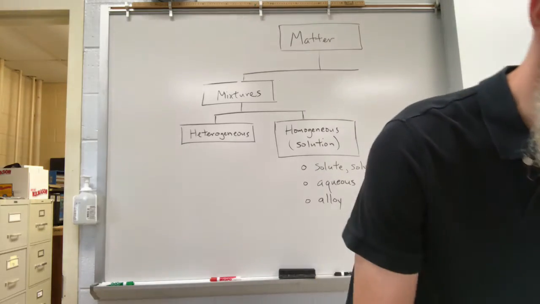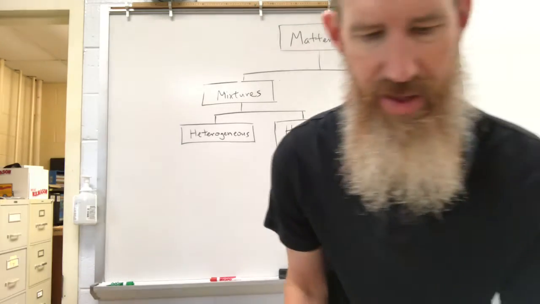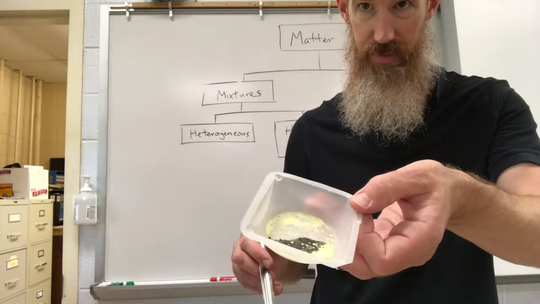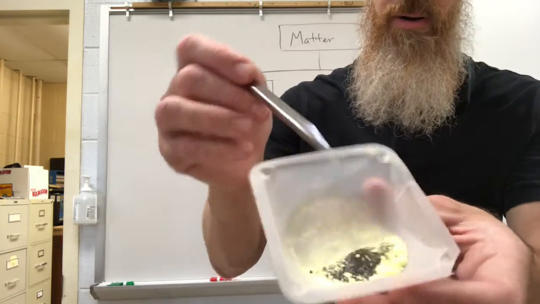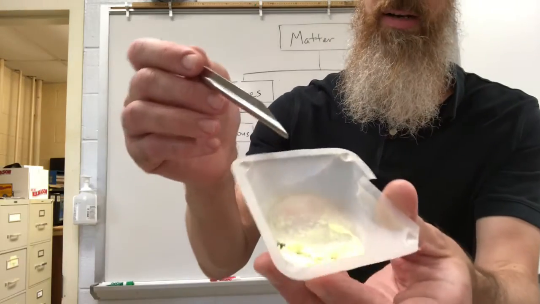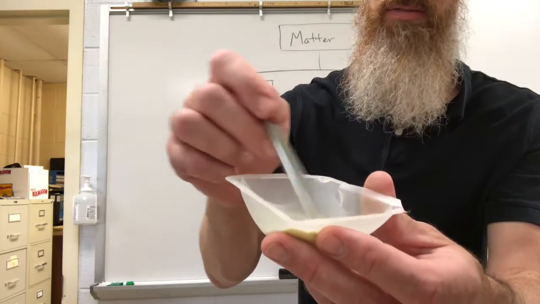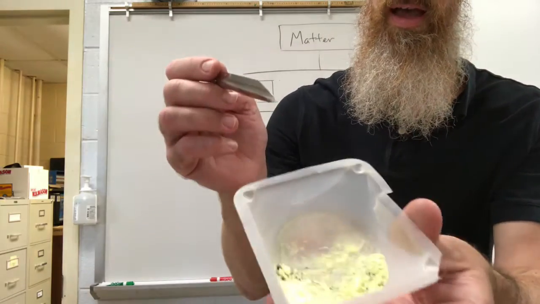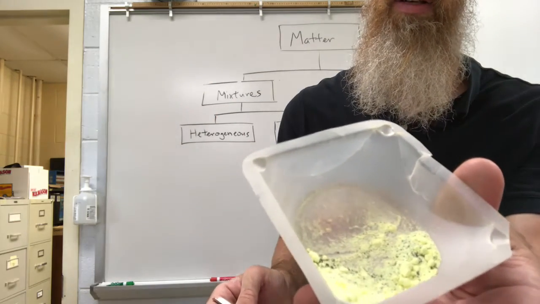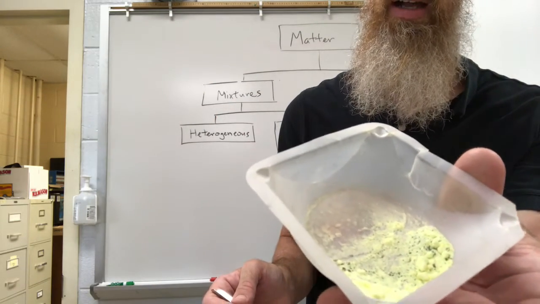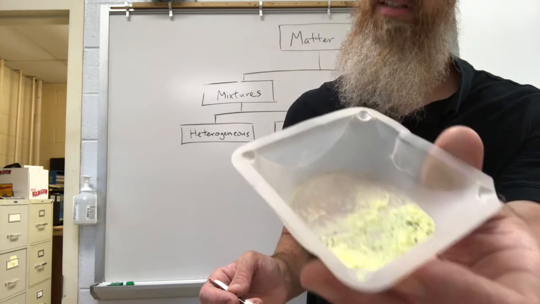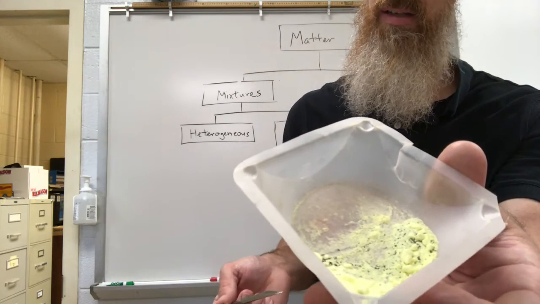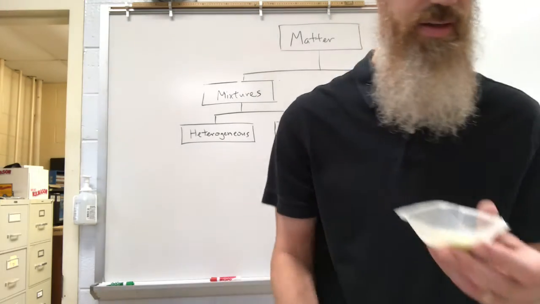We'll take that iron and sulfur, and I'm going to mix it around. And you can see, hey, there's little bits of iron, there's a little bit of sulfur. It is mixed together. This is a mixture. It's heterogeneous. I can easily tell where the iron is and where the sulfur is.